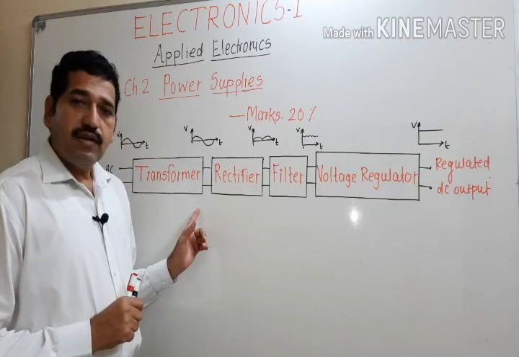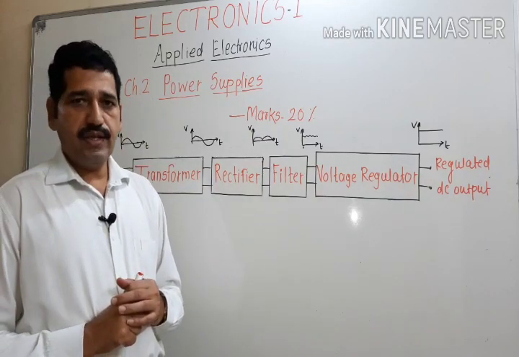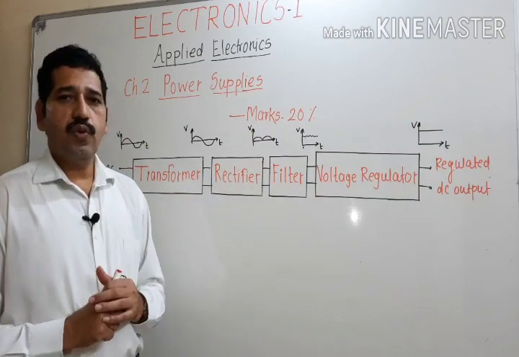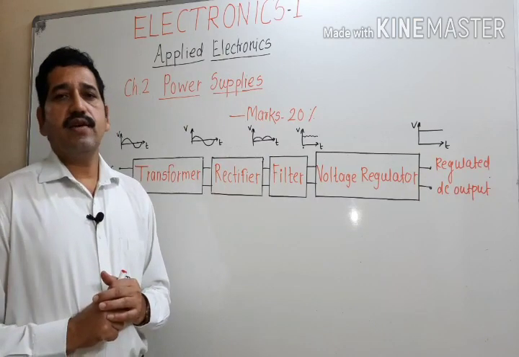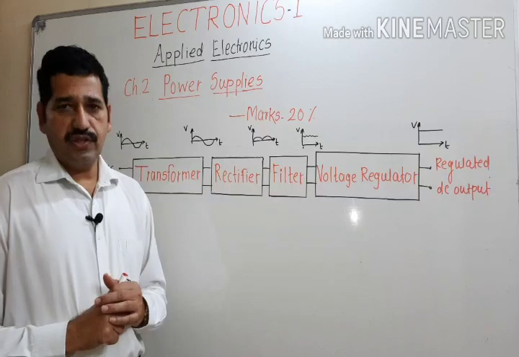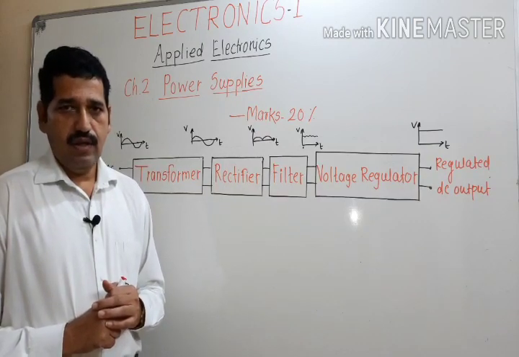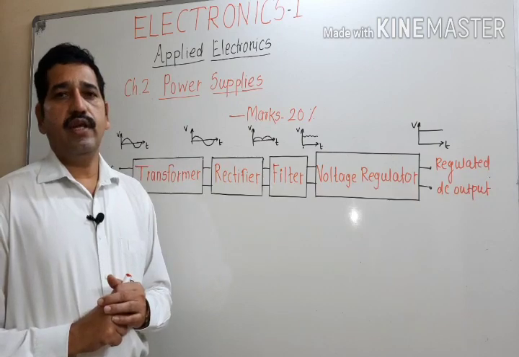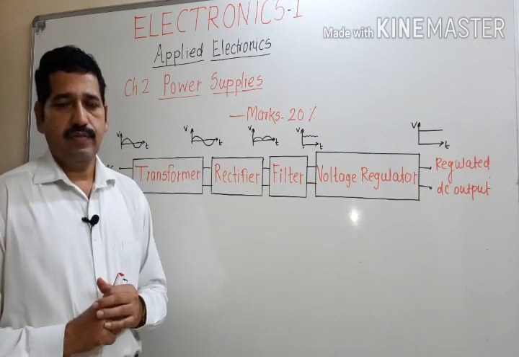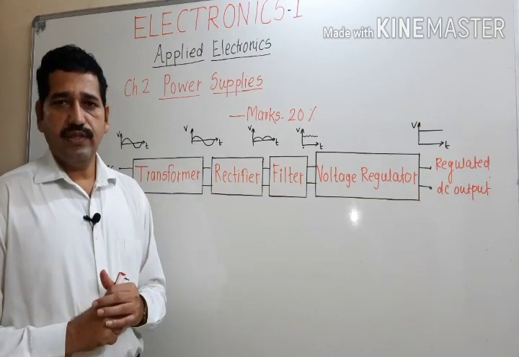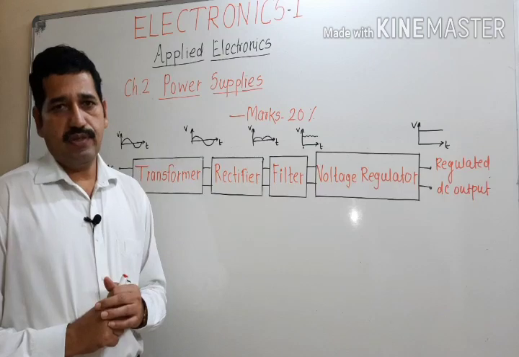Now this is the DC power supply, which provides constant voltage to the load. For example, mobile charger, computer SMPS, SMPS of electronic devices like medical equipments, intercom machines, control systems.